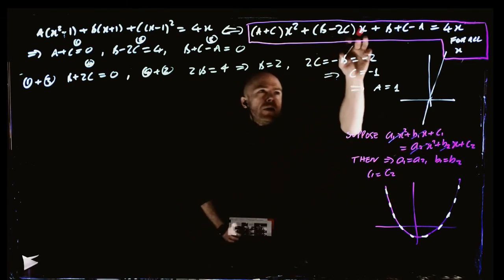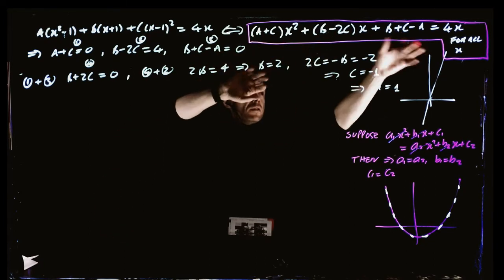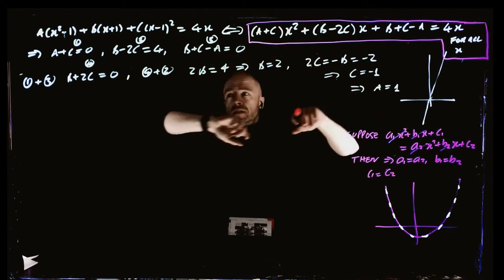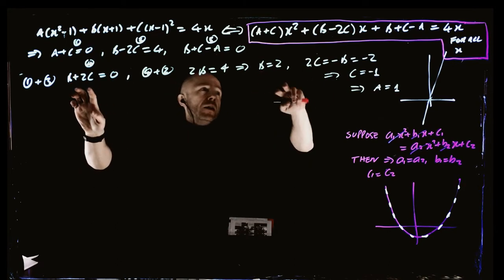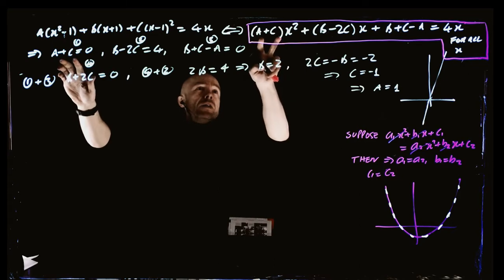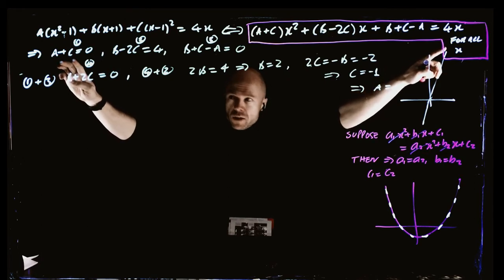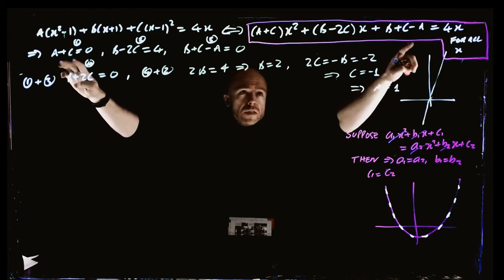So up here, from the fact we have the equality of all the powers of x on the left and right hand side, we extract off this guy because the quadratic here has this coefficient. The quadratic on the right hand side is 0 times x squared. So the first equation is a plus c equals 0.